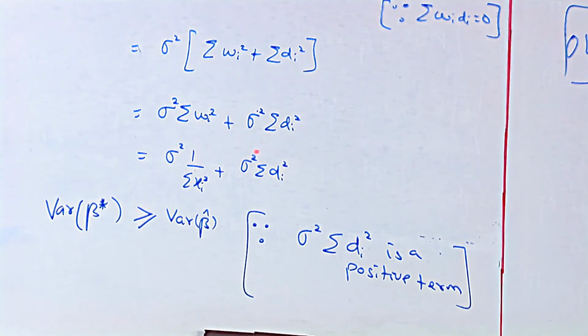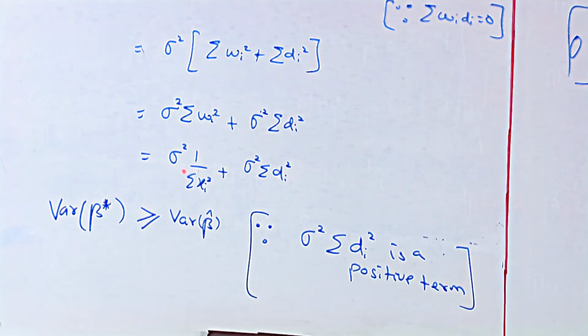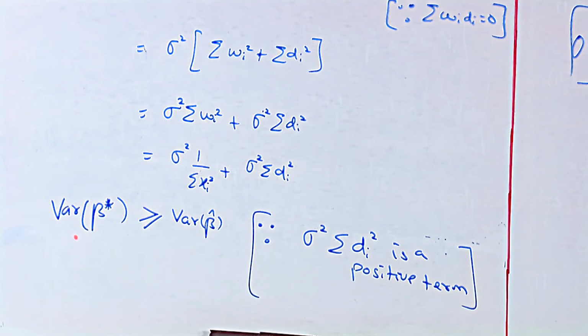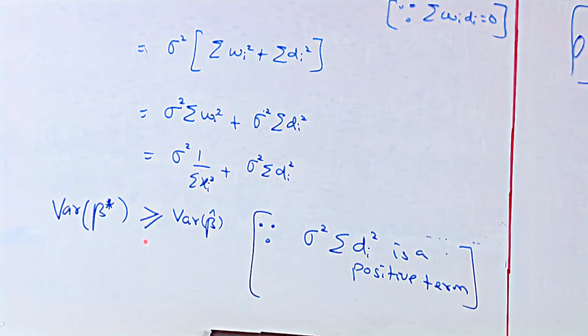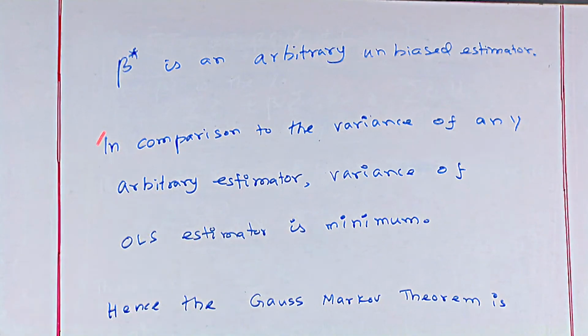So naturally the variance of beta hat plus some positive expression will make the variance of the arbitrary linear unbiased estimator. So from this we may conclude variance of beta star is greater than variance of beta hat. Beta star is an arbitrary unbiased estimator.